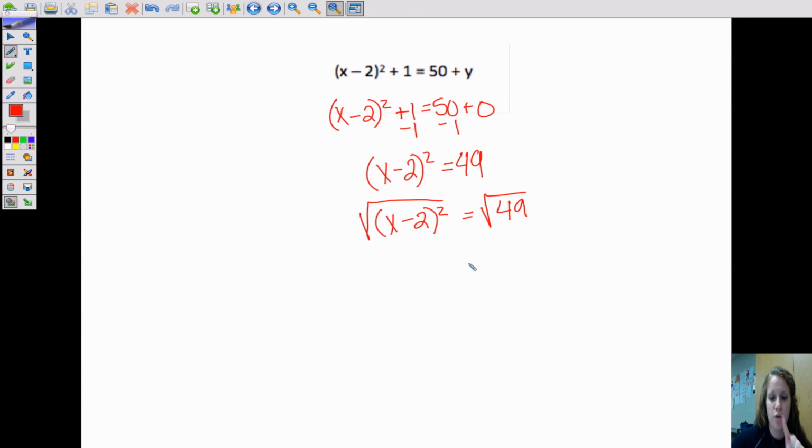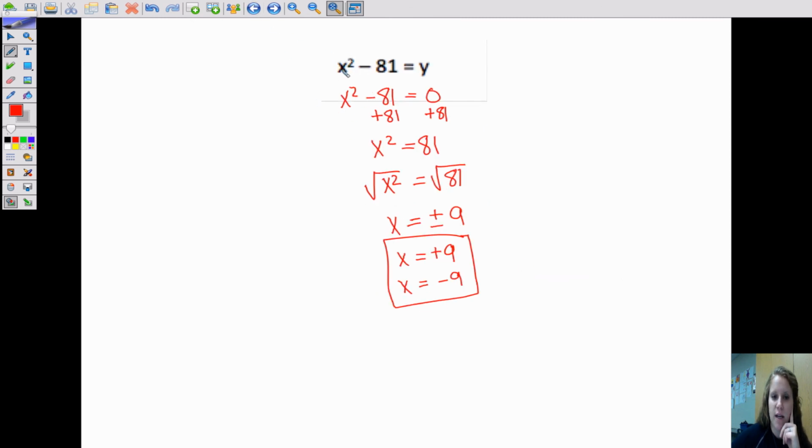So we have two equations now. Here's where we branch off. We have x minus 2 equals 7, and we have x minus 2 equals negative 7. Anytime you have a binomial squared, you're going to end up with two different equations before you end up with two different answers.